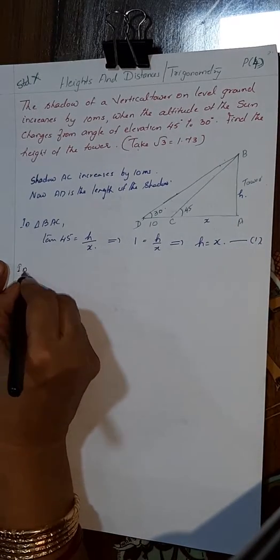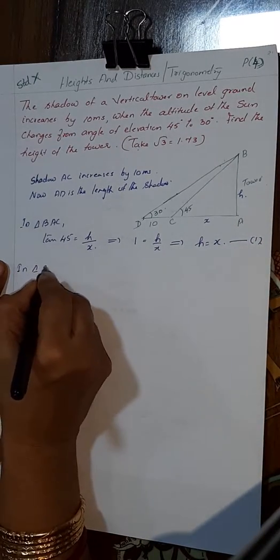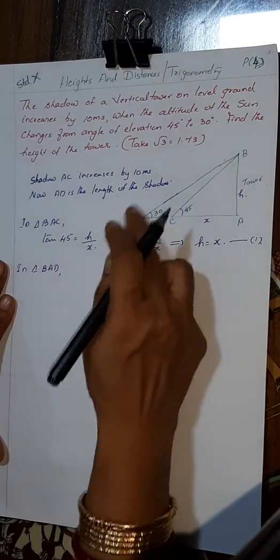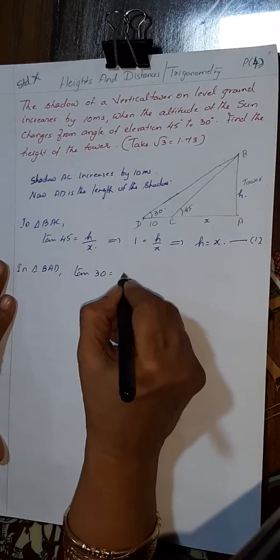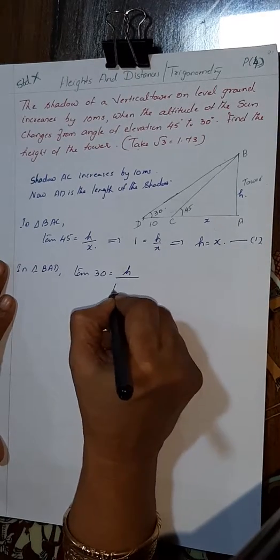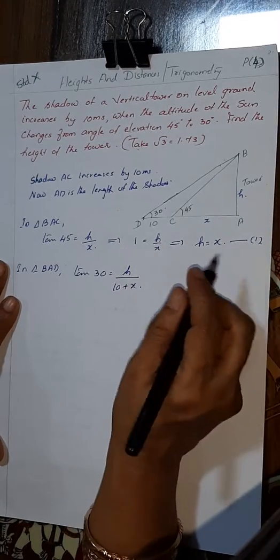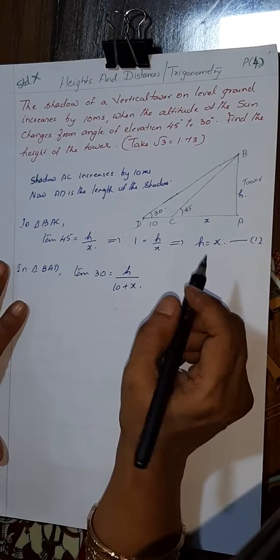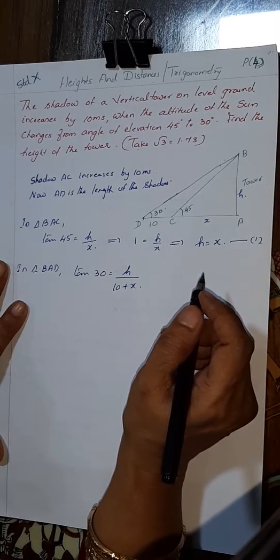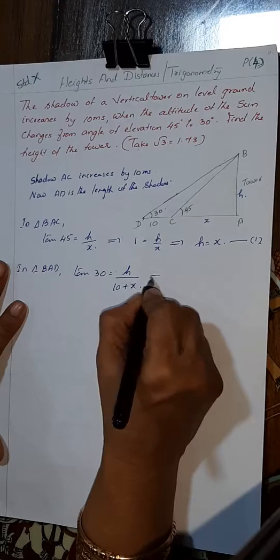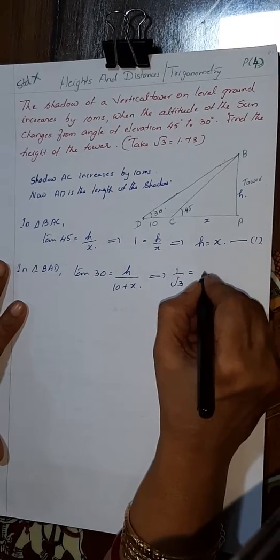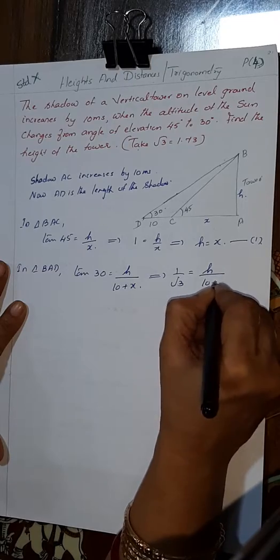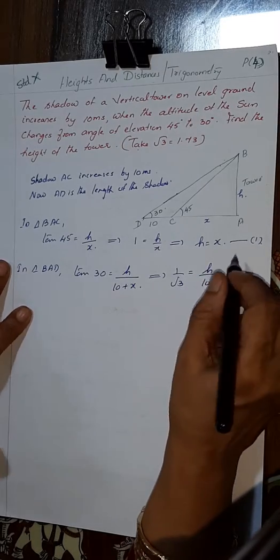So in triangle BAD, in this triangle tan 30 is equal to h by 10 plus x. So tan 30 will be equal to 1 by root 3 is equal to h by 10 plus x. I will substitute h as x.